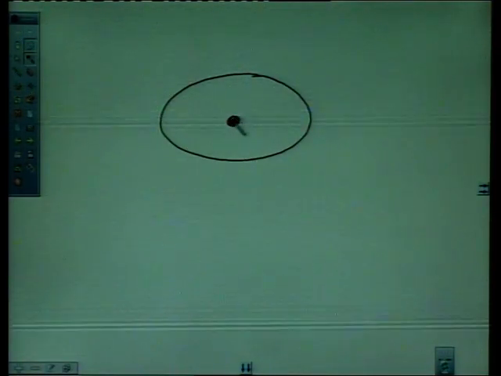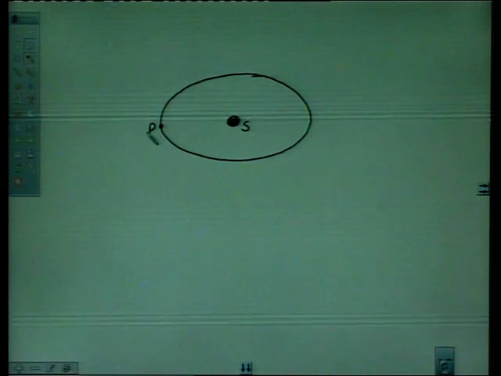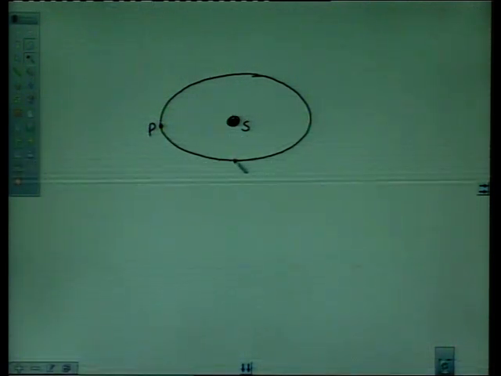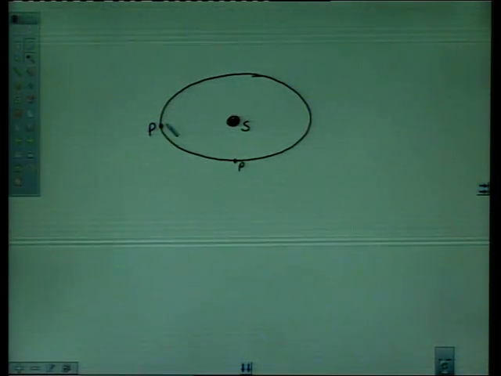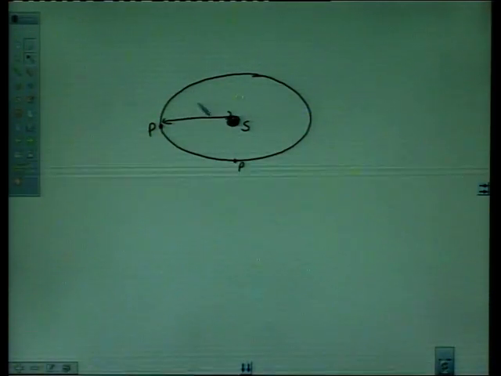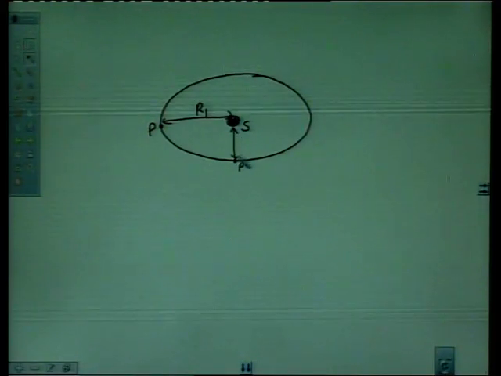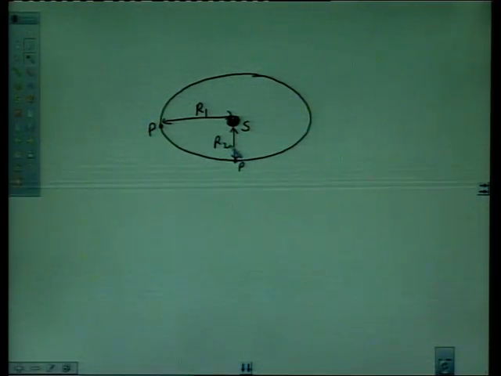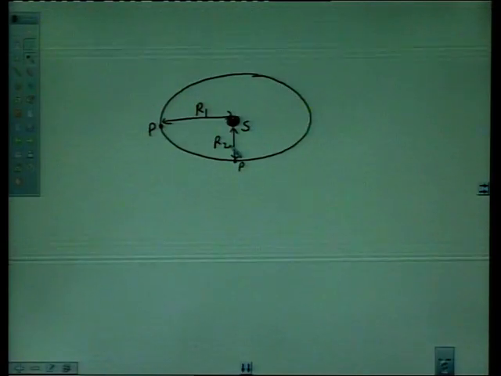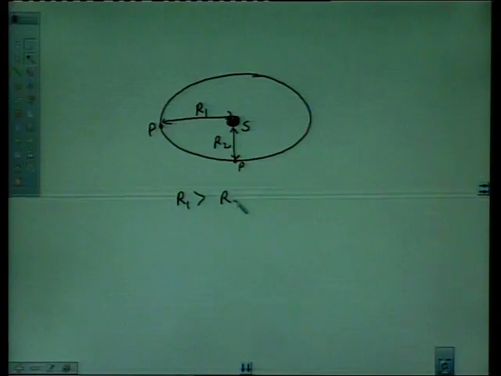The sun is lying at the center of the orbit and we have a planet which is moving in the elliptical orbit. Now, at this point the distance is r1 and at this point the distance is r2. We can clearly see from the picture that r1 is greater than r2.